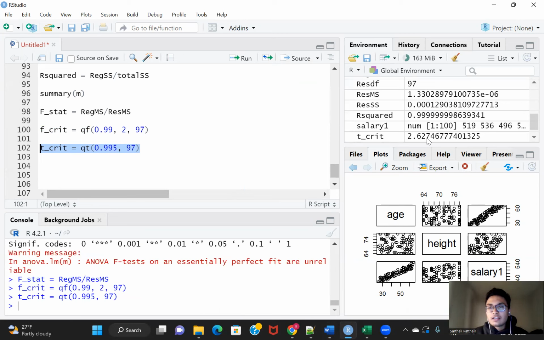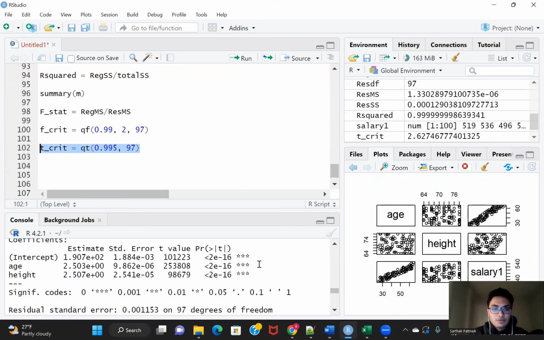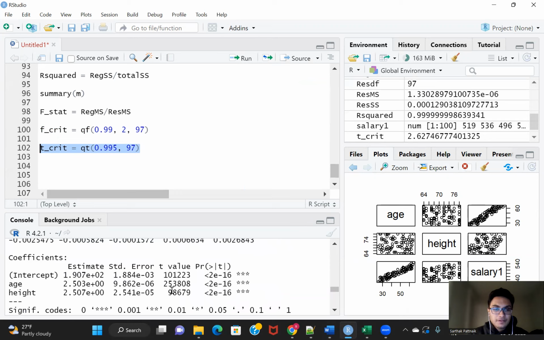T critical is extremely small, 2.627. And as we can observe from our summary table, both age and height have t values way beyond the critical t value. So we can surmise that both age and height have association with salary.